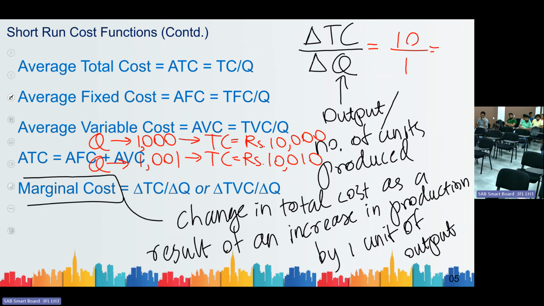So the marginal cost is 10 rupees. Marginal cost is the change in total cost as a result of an increase in production by 1 unit of output. That is what we mean by marginal cost.